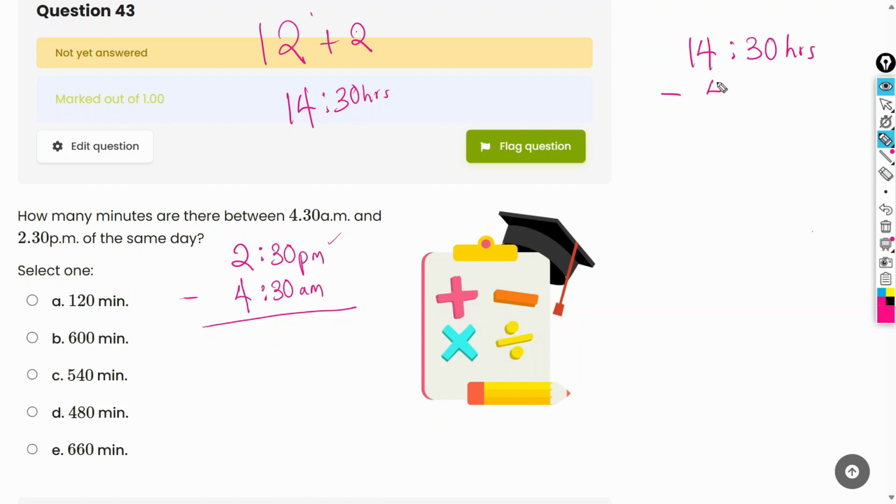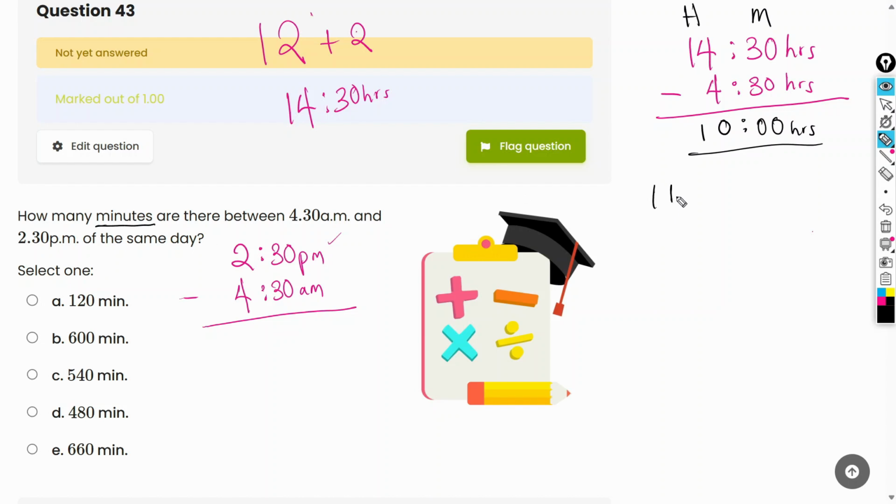minus 430 hours. We subtract. This is our minutes place. This is our hours place. 0 minus 0 is 0. 3 minus 3 is 0. 4 minus 4 is 0. 1 minus nothing is 10. This is 10 hours. So we want to change 10 hours to minutes.